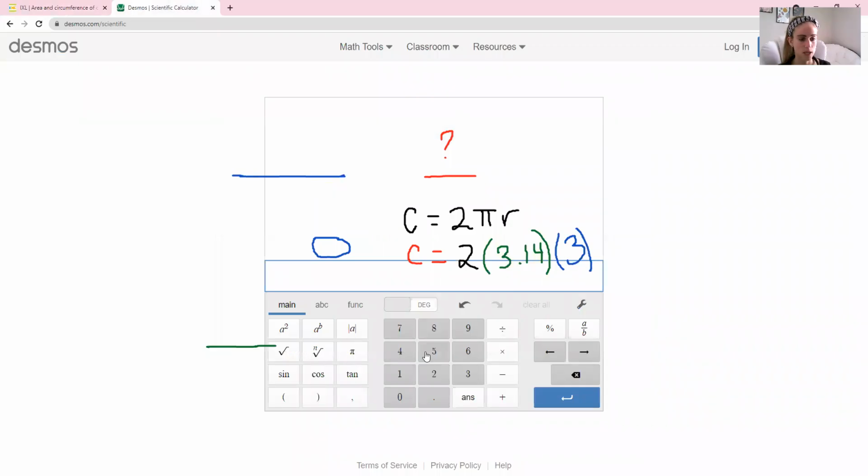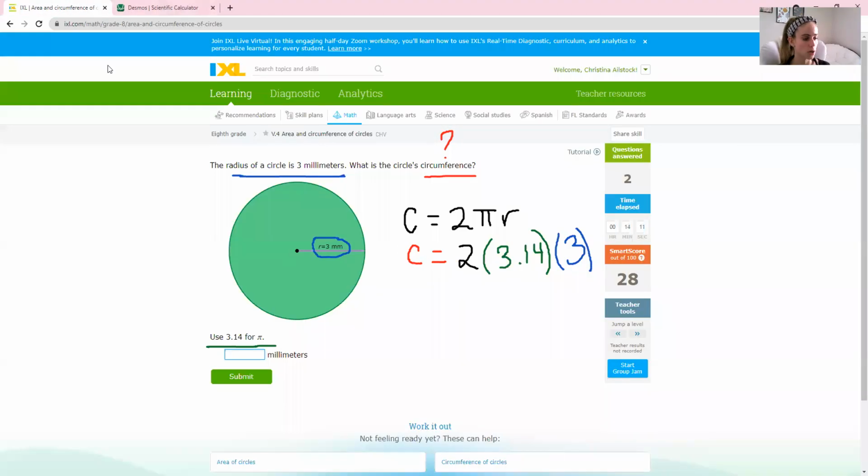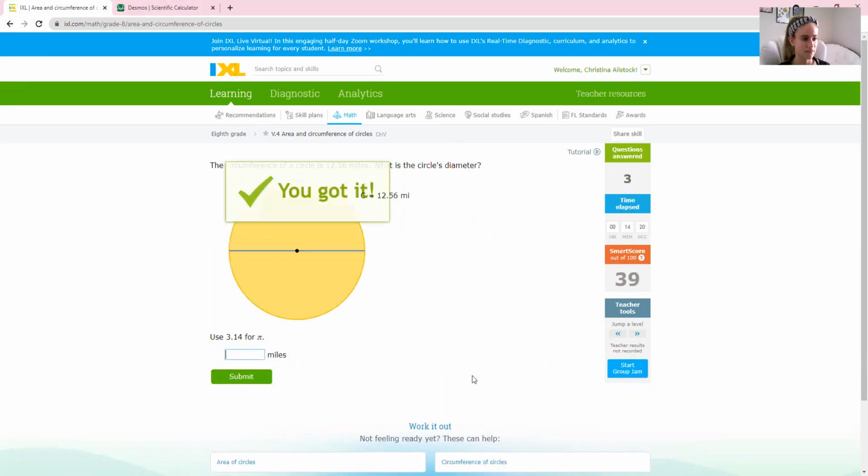So clear it. You can type the whole thing in. 2 times 3.14 times 3. All right, our circumference is 18.84, so 18 and 84 hundredths, and that is millimeters. Very good.